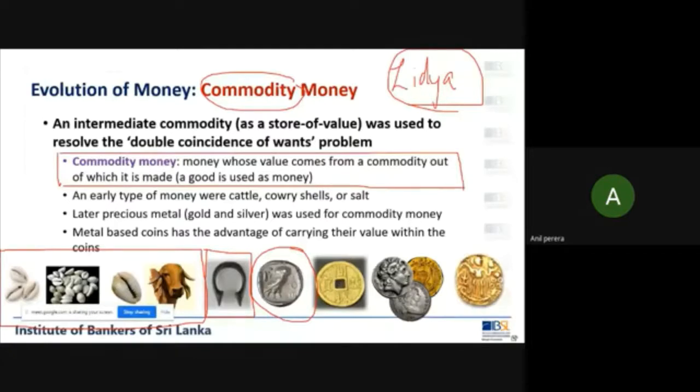Now this coin with a hole in the middle is a Chinese coin. Then you have a lot of Roman coins, English coins. Now can someone take a guess at this coin? What is this last one? From where? Gold coin by Egypt.